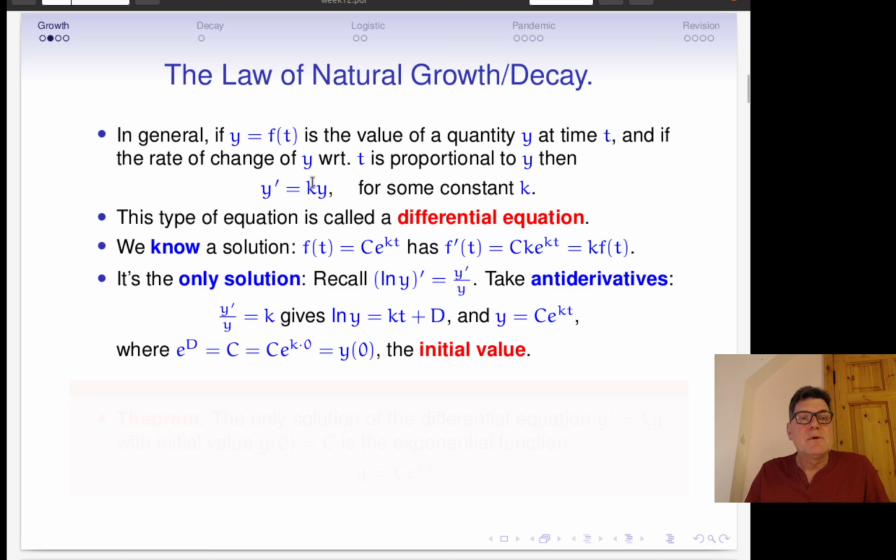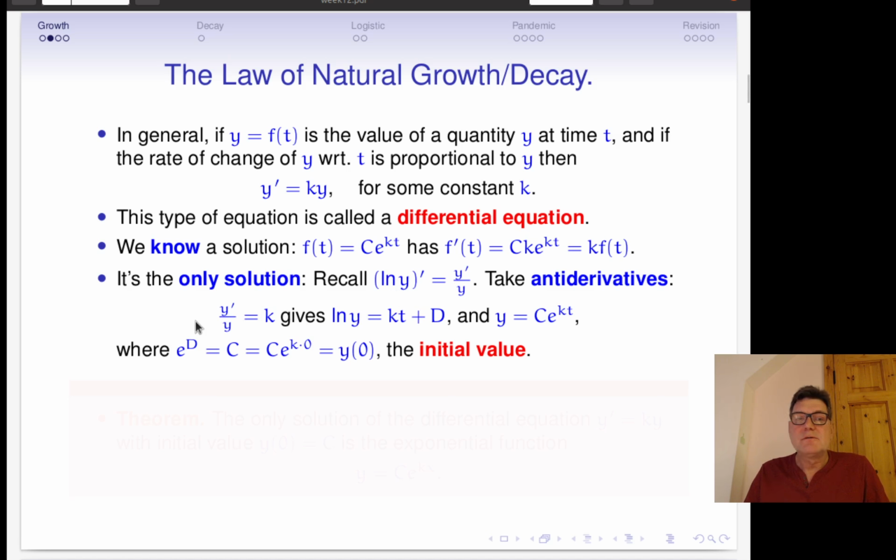Then we can rearrange this equation, y prime equals k times y, as y prime over y equals k, and then, that's something we learned last week, we can take antiderivatives on both sides. From this equation, which says that the derivative of the logarithm of y is exactly this fraction, we know an antiderivative of the left-hand side is the logarithm of y, ln y.